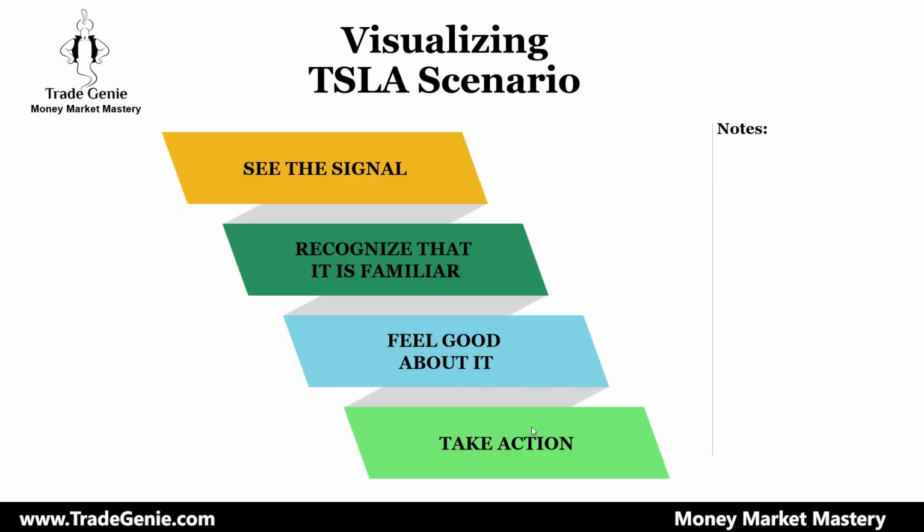When he's analyzing Tesla, inside he's going through this feeling or process. He sees the signal. The signal is coming to him through multiple complex causes. All those causes I described to you, he sees the signal and recognizes that it's a familiar signal.